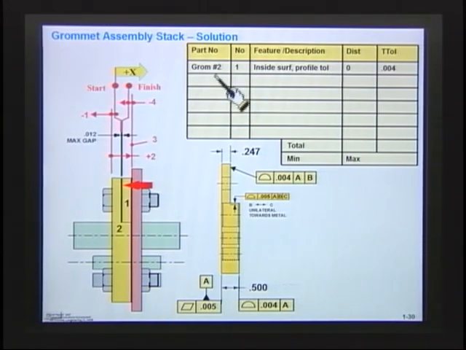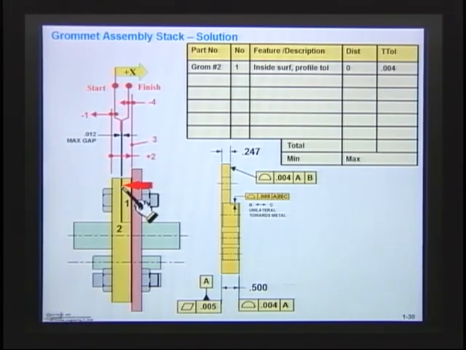In this stack table, you're going to put in the part number, and you see there's grommet number 2. I labeled them too. This was number 2, this one here is number 1, so we could follow along. And number 1, that's the first one that we're looking at. It's that feature right there. See our little arrow pointing? It's that feature. And that feature. Now we're going to talk about that feature.